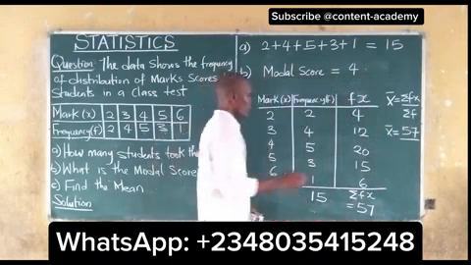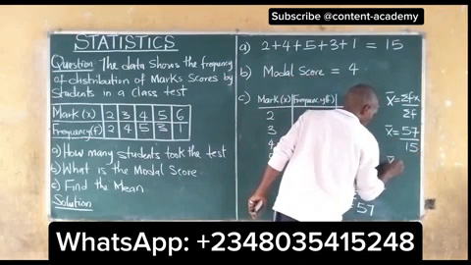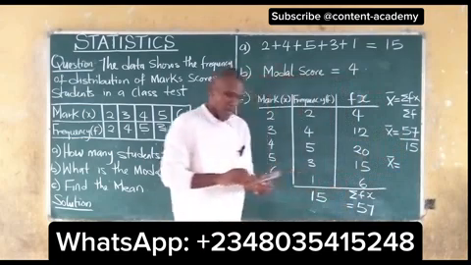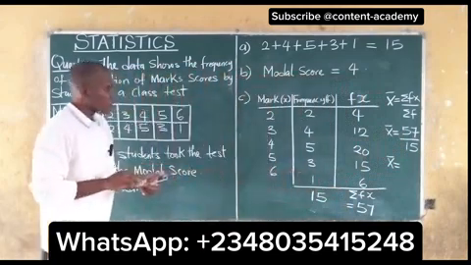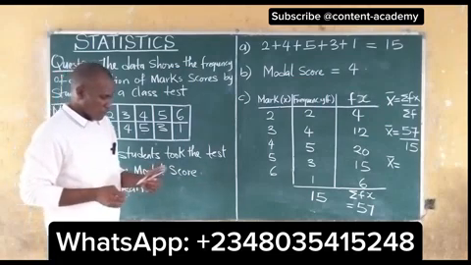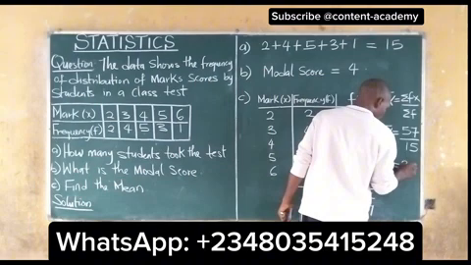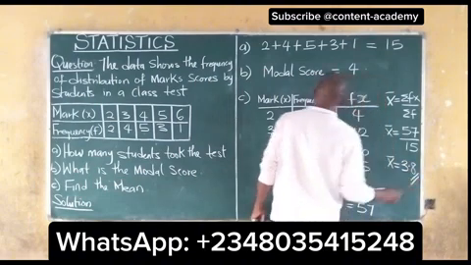Summation of f is 15. So x bar is equal to 57 divided by 15, to give us 3.8. So this becomes our mean.